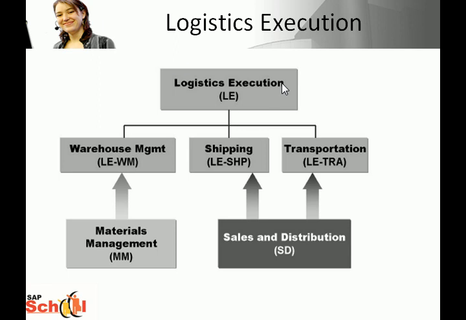After logistics execution was formally introduced, shipping and transportation is now common to logistics execution and sales and distribution, and warehouse management, though mainly belonging to logistics execution, has a lot of interaction and interfaces with materials management.